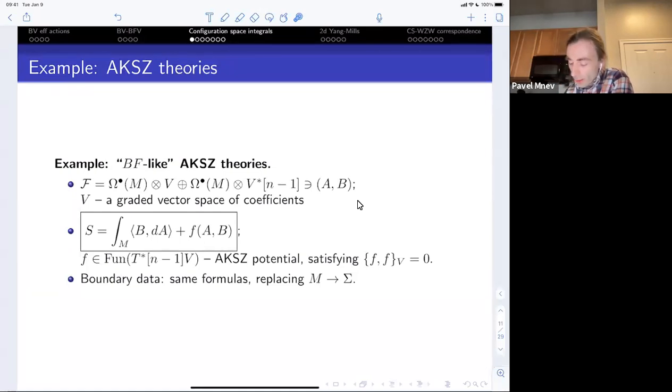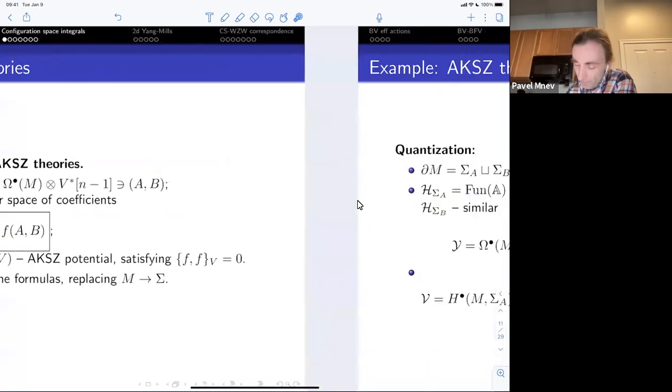All right, one can easily write down the full bulk and boundary packages, the classical BV-BFV packages. The boundary data is given by the same formulas as the bulk data, just replacing M with the boundary Sigma.